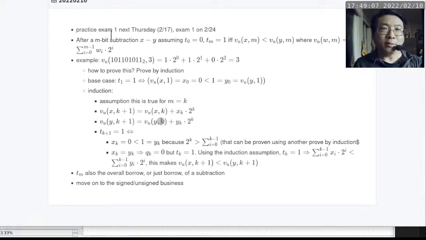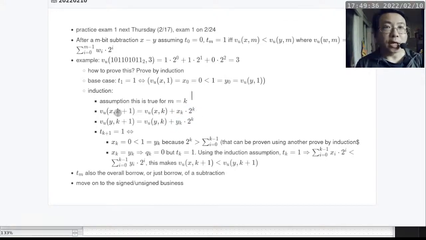And then, based on that assumption, we can now write down what VU x k plus 1 is. In other words, if we include one more bit and look at what value that bunch of bits, k plus 1 bits in this case, is representing, that can be broken up into something from before, which is the least significant k bits, and then the additional bit, which is xk, is really just the quantity of 2 to the power of k.